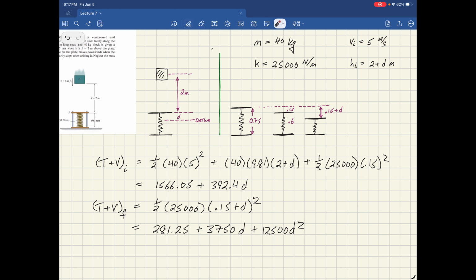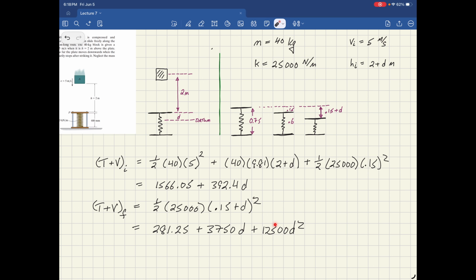All right, so this is my initial energy in the system, and this is my final energy in the system. So what we'll need to do is equate these two, collect all our terms. It's going to be a quadratic equation, which we'll need to solve, and we'll take the positive root.